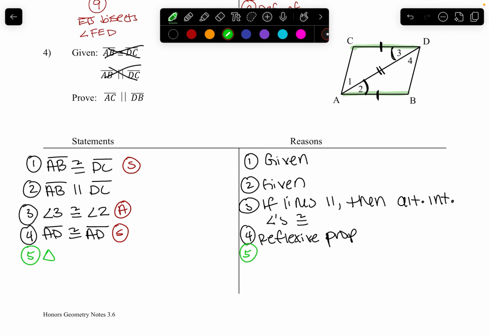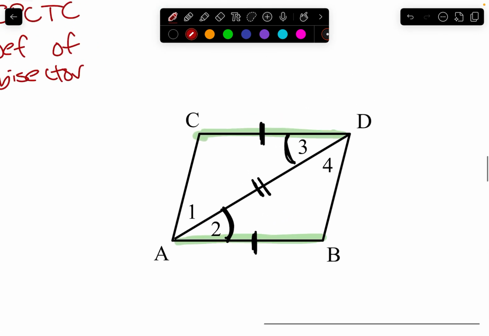So we would say triangle, and because we don't have triangle names, we can name them whatever we want, but because we're talking about congruency, the order matters. Whatever you name the first triangle, you have to copy that order for the second triangle. So I'm going to start with triangle ABD is congruent to triangle DCA, and that is going to be side angle side. And now that I know those two triangles are congruent, I'm going to come up here and make my CPCTC list.